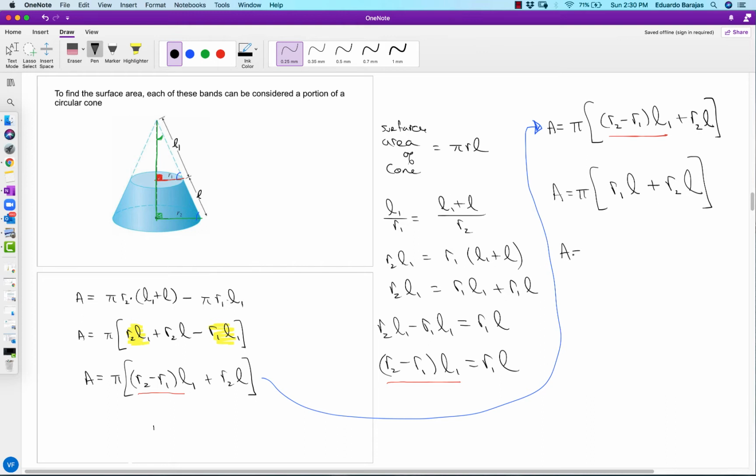So the area of this sort of partial cone is pi L times the sum of R sub 1 plus R sub 2. So that's my favorite form of this equation. I think it looks pretty neat this way.